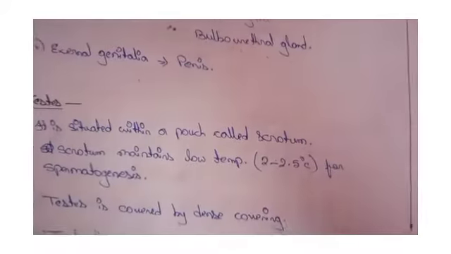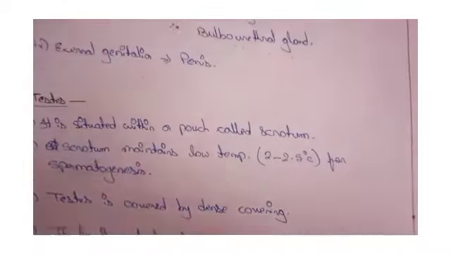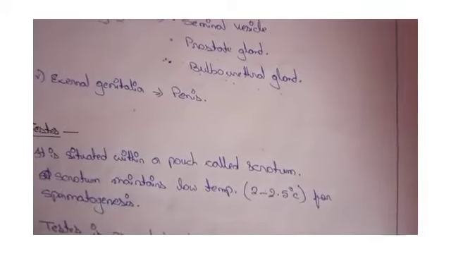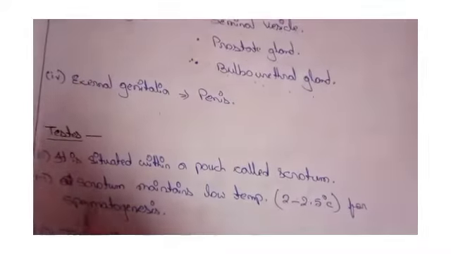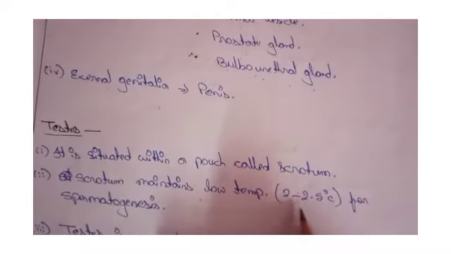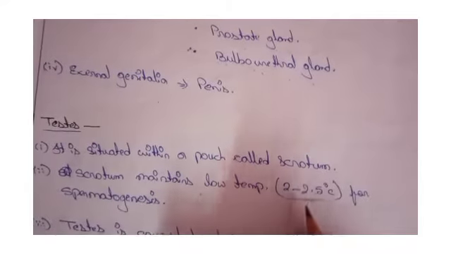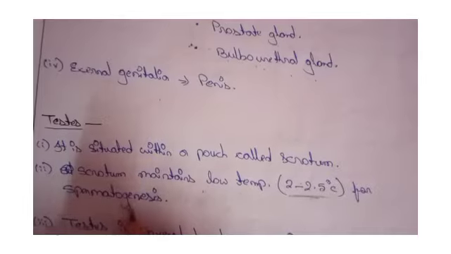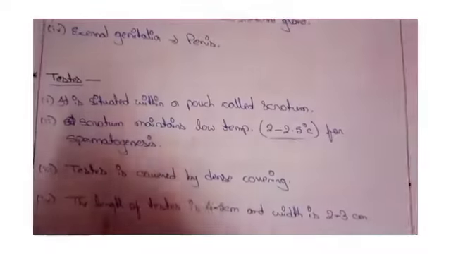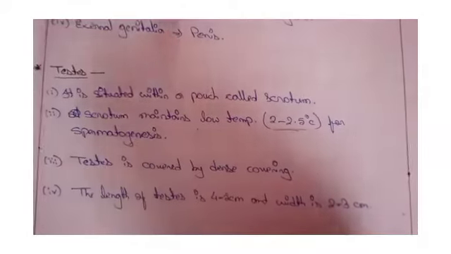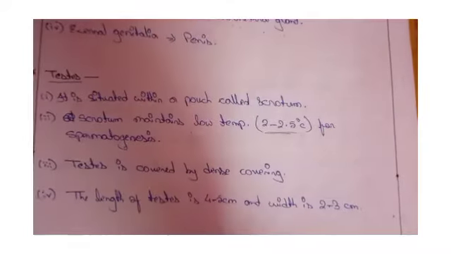So the scrotum maintains a low temperature, 2 to 2.5 degrees Celsius lower, for spermatogenesis, which means sperm production.